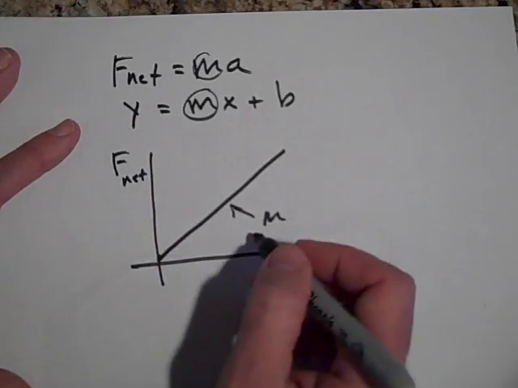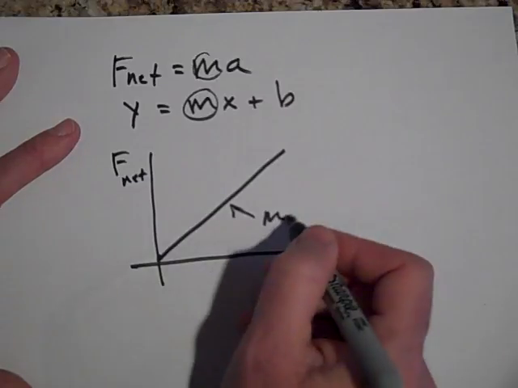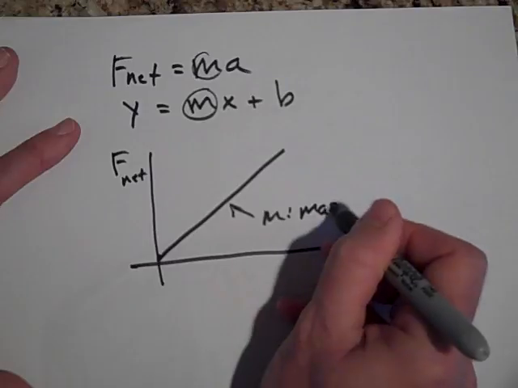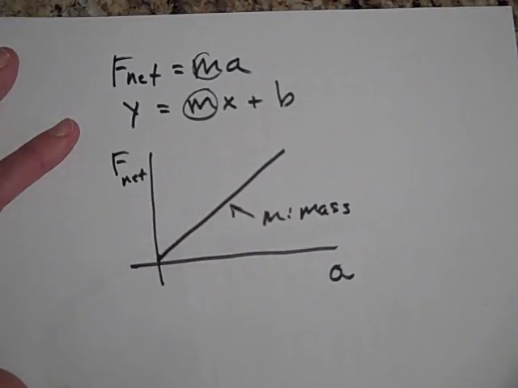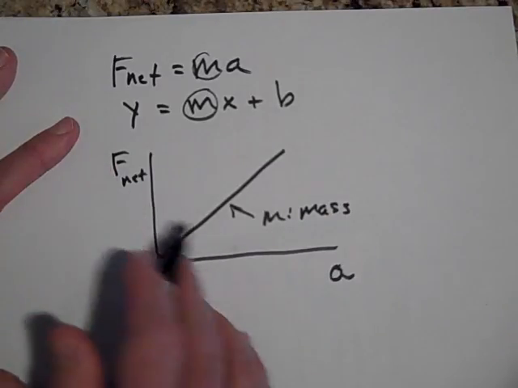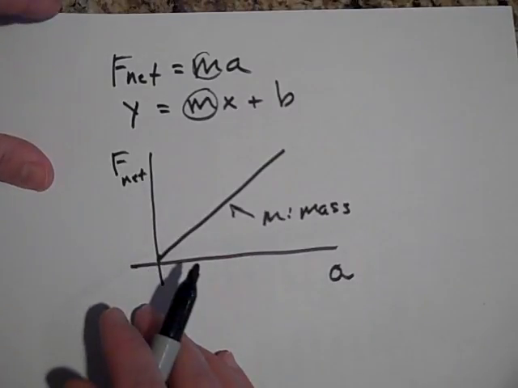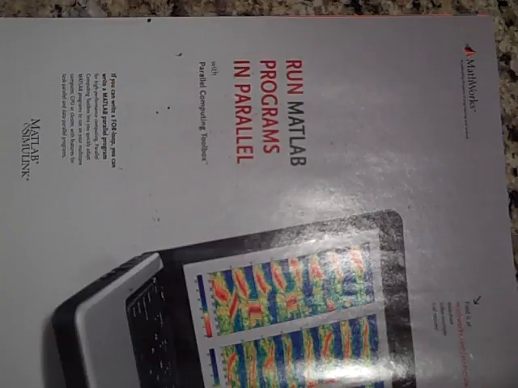Boy, this is a little tricky, the slope is equal to mass. And so yeah, y equals mx plus b. It's the 0 y-intercept. Let's try another one.